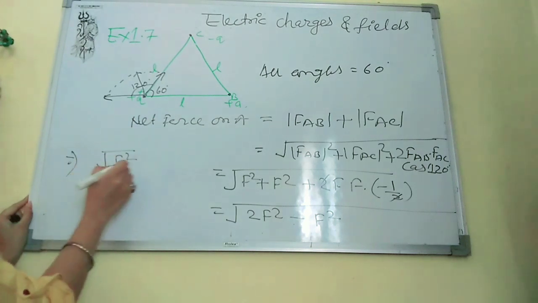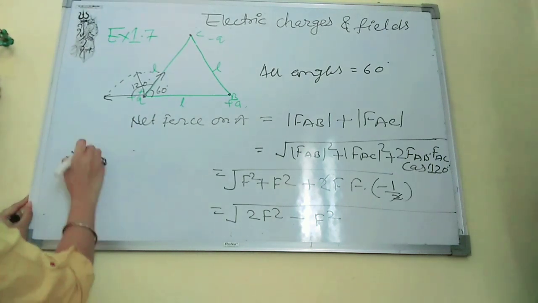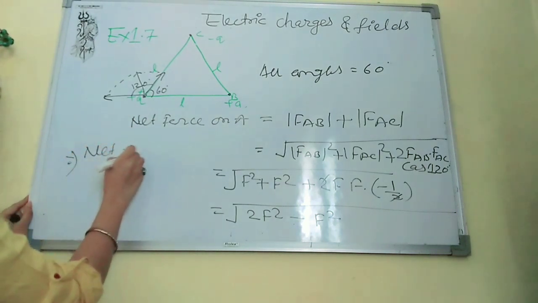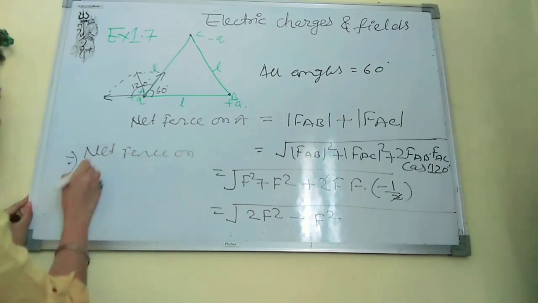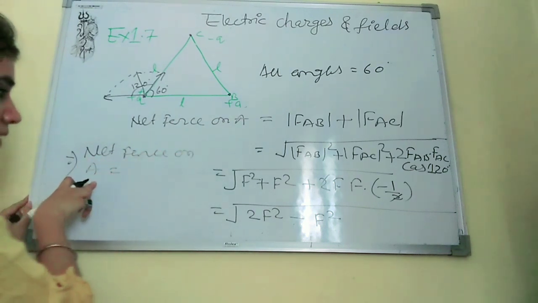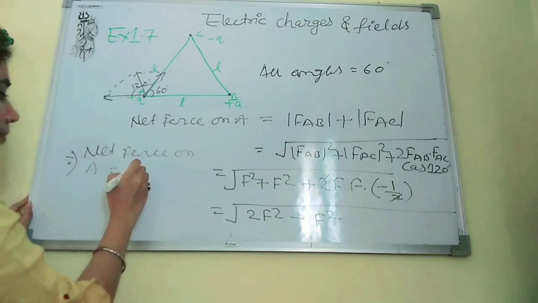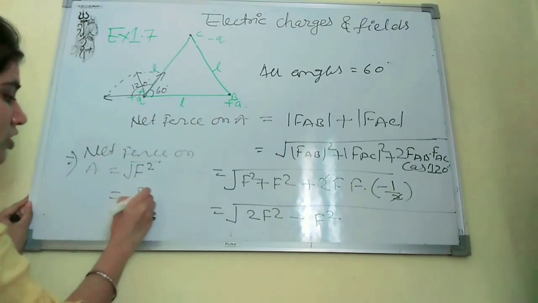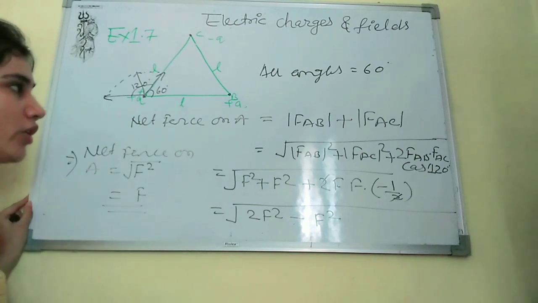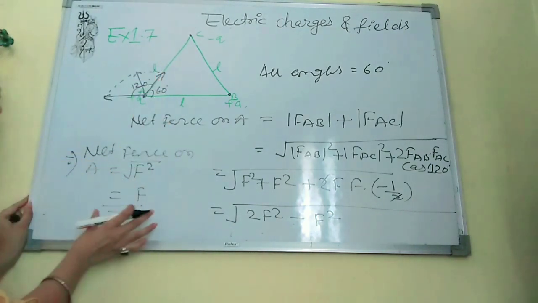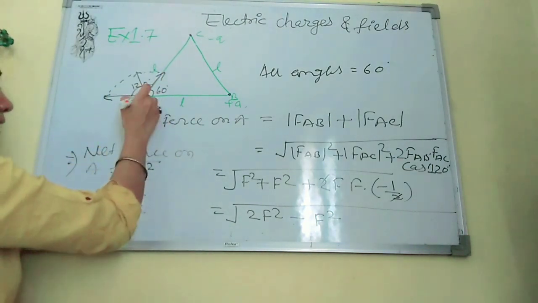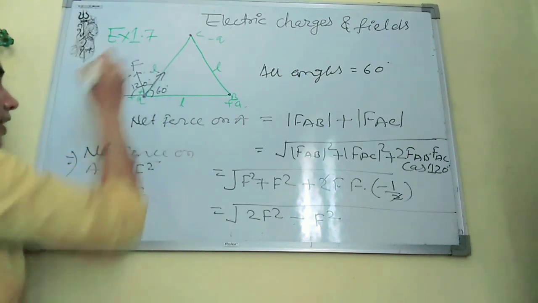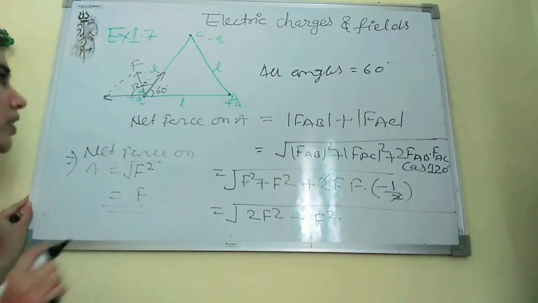So the net force on point A is root of F square, which is F. Okay, so we have found the value of net force on point A, that will be F. We are just marking it here.